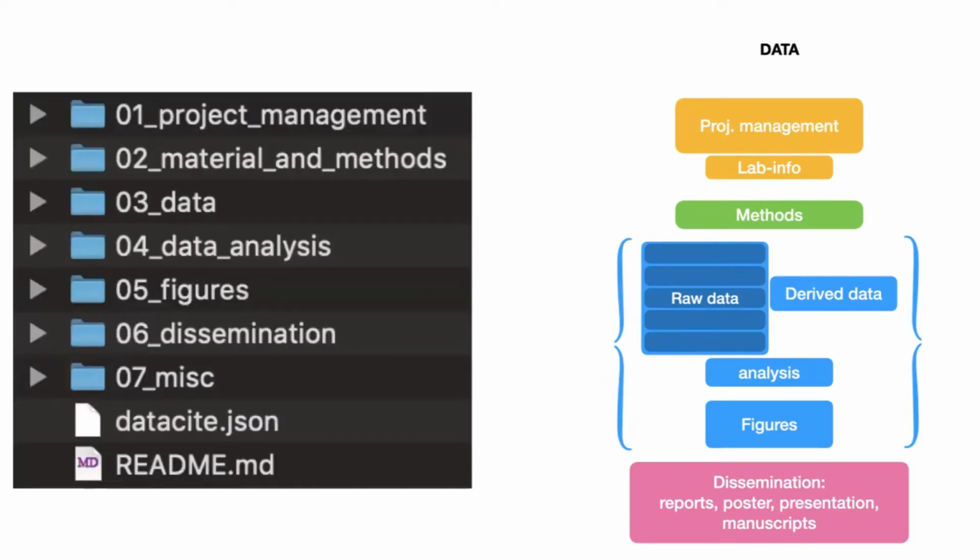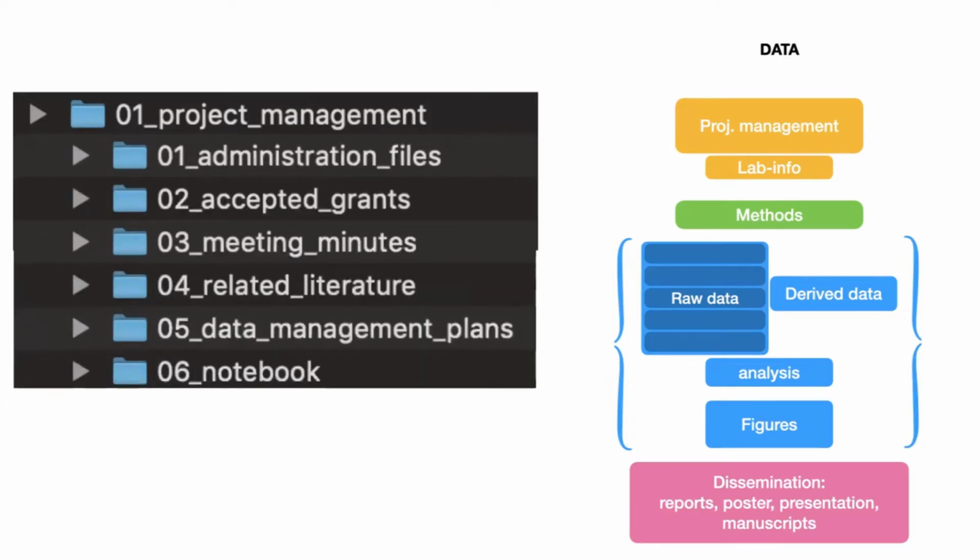So we took this into account and created a similar structure as a reproducible package Jeff was talking about, but a bit more complex, with 7 different first level folders.